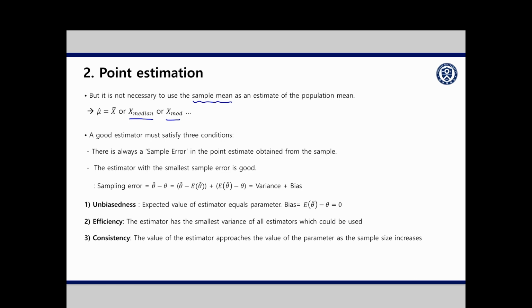Couldn't we use median or mode as an estimator of mu? So we need to look at the good estimator conditions. There are 3 conditions for a good estimator.